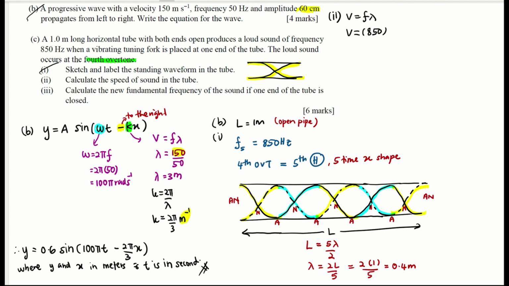Okay, and then lambda is equal to 0.4. Therefore, V is equal to F lambda, so that one is 0.4 times 850. Okay, so 340. So V is equal to 340 meter per second.